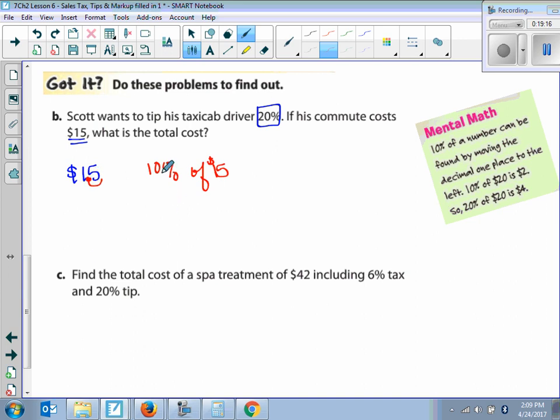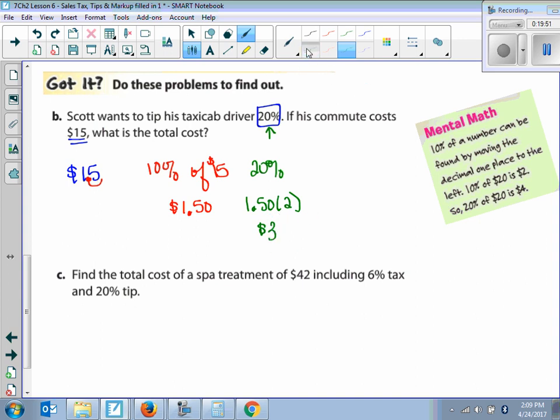Yes. So what is 10% of 15? 1.5. So that's $1.50, right? So that is 10%. But we want how much? We want 20%. So what am I going to do with this $1.50? Multiply it times 2. So $1.50 times 2 is $3. Does everybody see how we did that mental math?